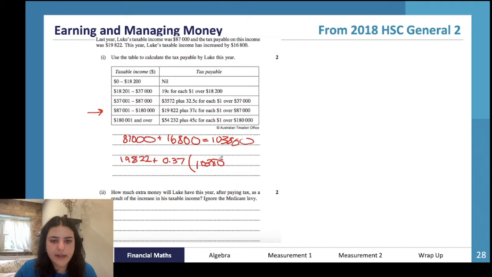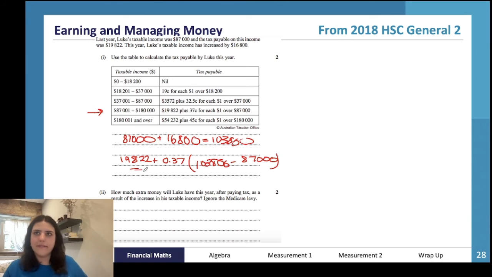So it's 103,800 minus 87,000. And that should leave us with $26,038, I believe.